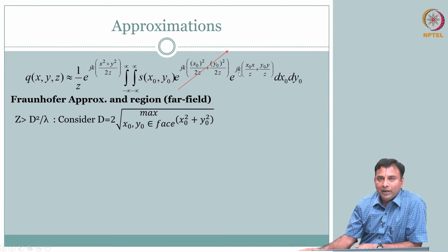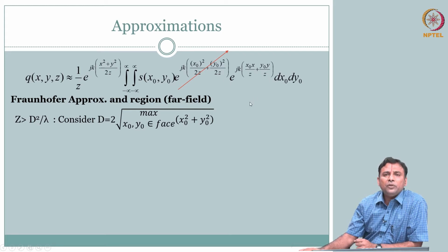So this 2 pi by lambda is j 2 pi, and this lambda can go in, right, so j 2 pi, x by z lambda, y by z lambda. Doesn't this look very familiar to you? We have done this several times.